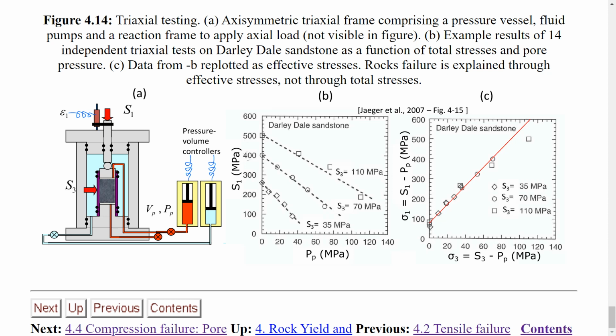In order to close this topic, let me tell you that this is very important, because what you see over here is that the bigger the pore pressure, the lower the strength of the rock, right? What would S3 be in the context of the field? Minimum total stress. We have seen that many times as a horizontal stress, something that we do not control, something which is there already. But pore pressure we do control.